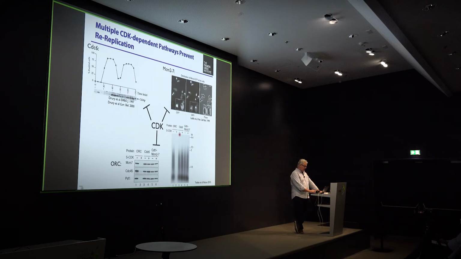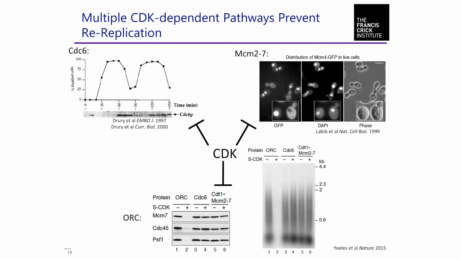And I think what you can see here is that it's only if you phosphorylate ORC that you block replication, and you also block MCM loading. So you can phosphorylate CDC6 or MCM in vitro, and it doesn't affect loading. So the only direct effect is on ORC. And I'll say more about that later.